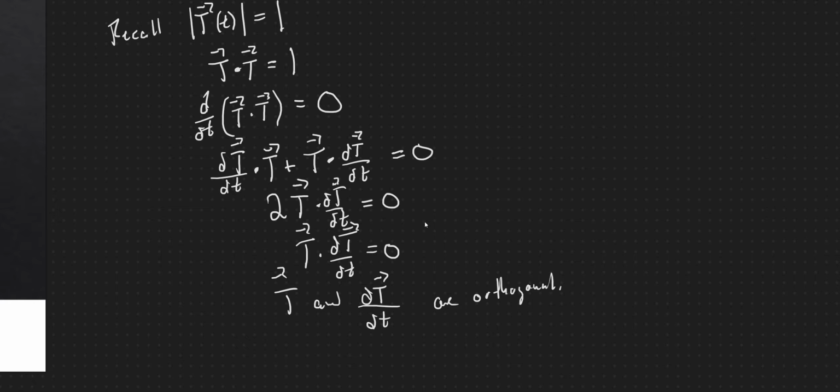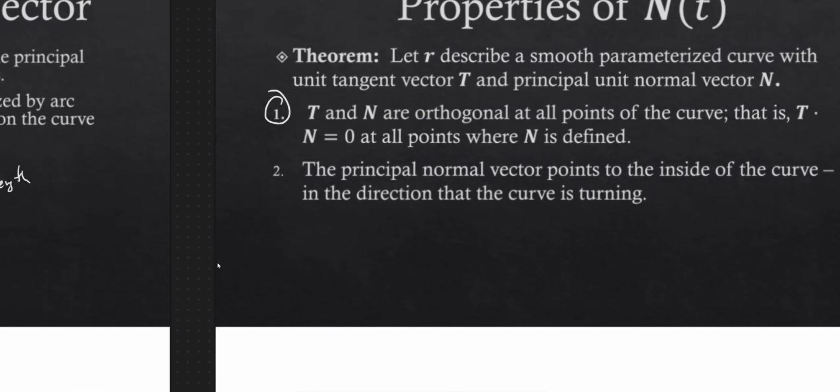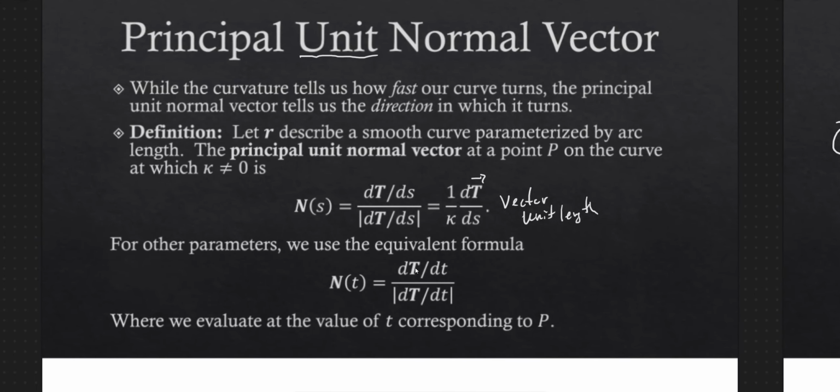And let's jump back to the definition of N again. N is a scalar multiple of dT/dt. So I'm thinking of this formulation here when our parameter is not necessarily an arc length parameter.